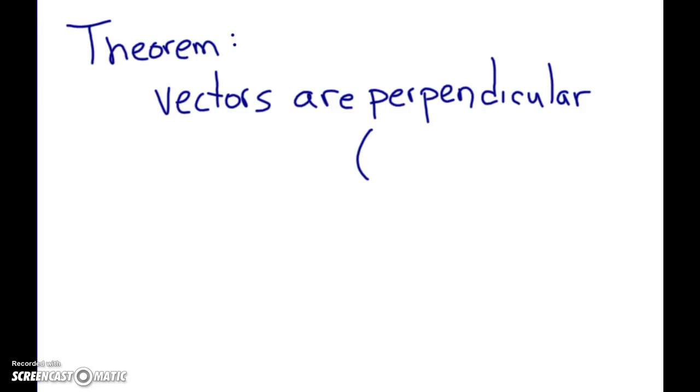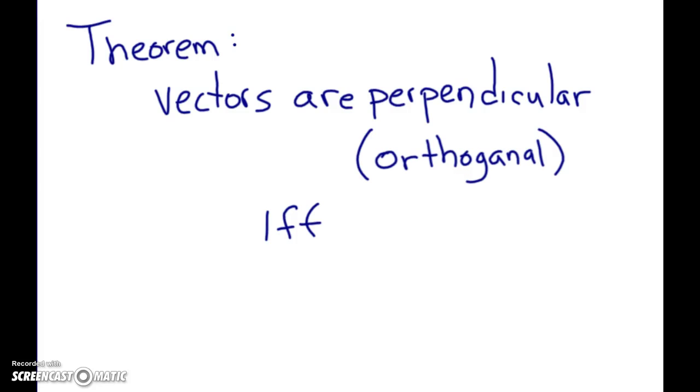They also use the word orthogonal. Two vectors are orthogonal if and only if the dot product is 0. That's handy. That turns out to be extraordinarily important.